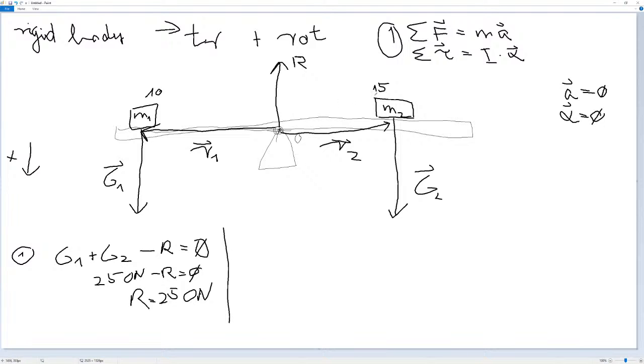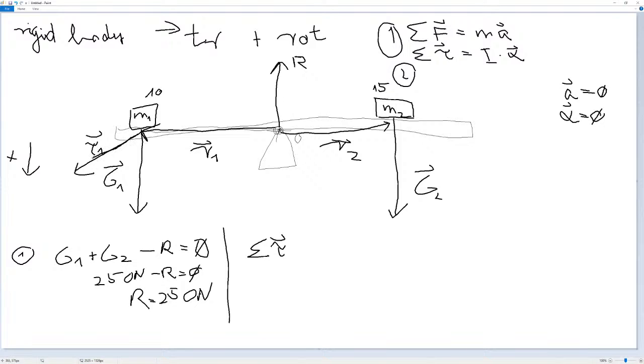That's translation. Let's talk about rotation. What is the sum of the torques? If we use the right-hand rule, tau 1, it's hard to draw on a whiteboard, comes out of the plane towards you.